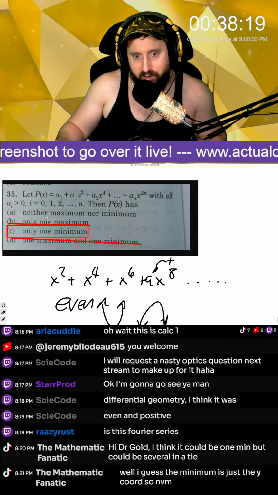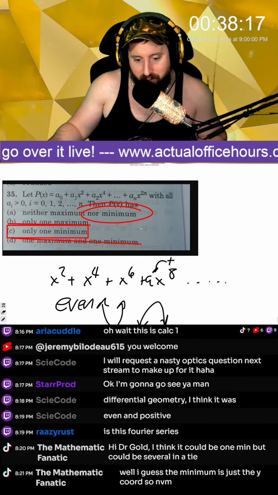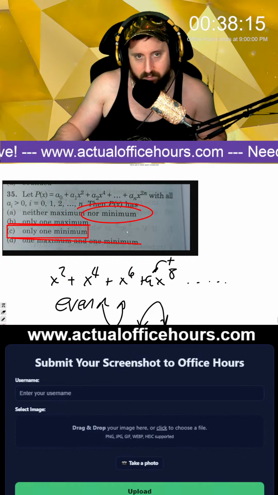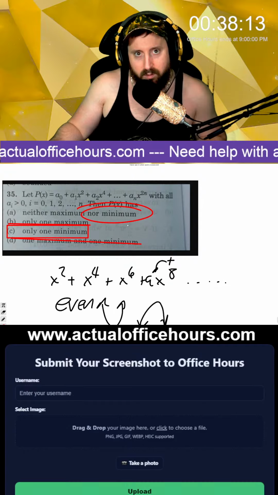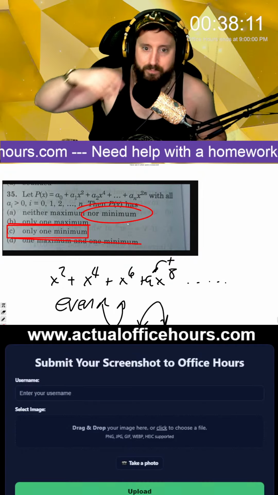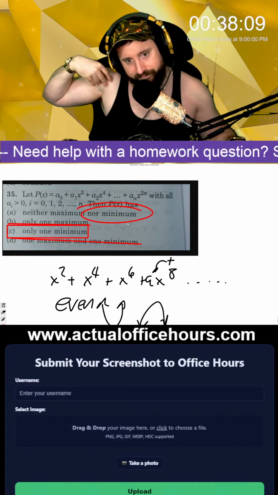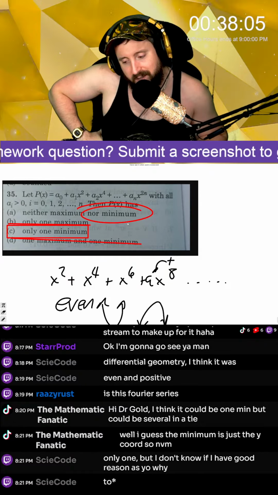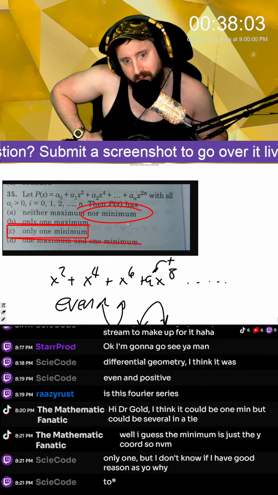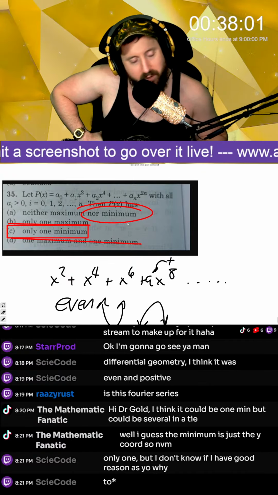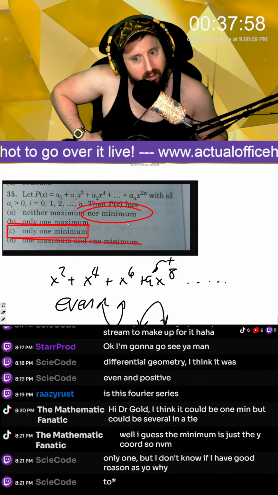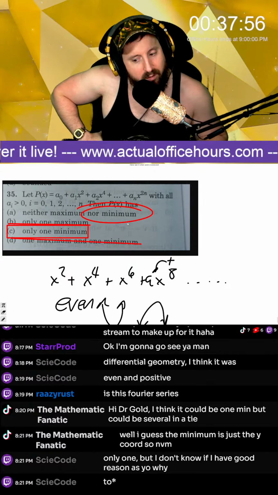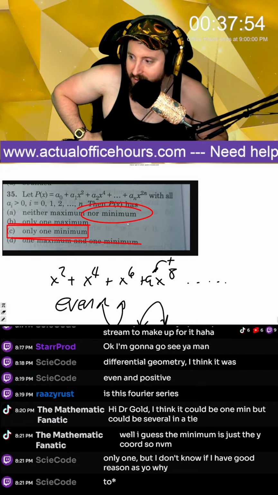Also by process of elimination, there's definitely a minimum, and there's no maximums. If anyone knows why there's only one minimum, I'll be curious. Why they can't tie.